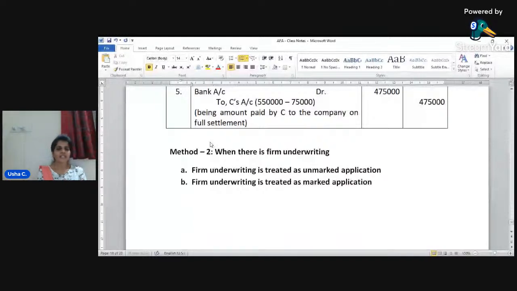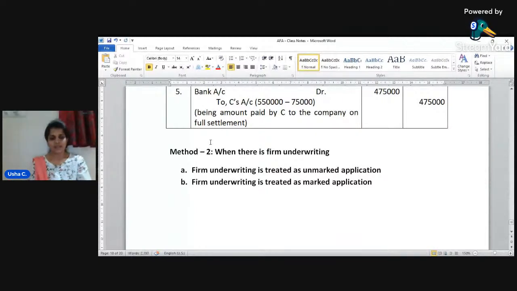So these are the two different methods when firm underwriting is given.